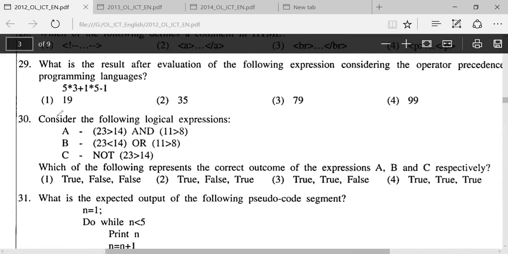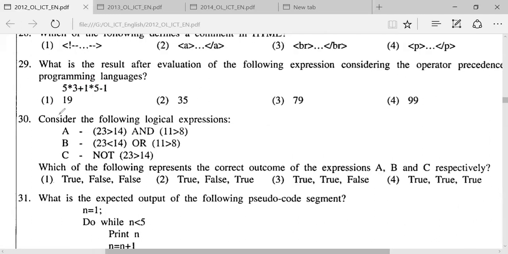Question number 30. Consider the following logical expressions. There are three logical expressions given. Which of the following represents the correct outcome of the expressions A, B and C respectively?